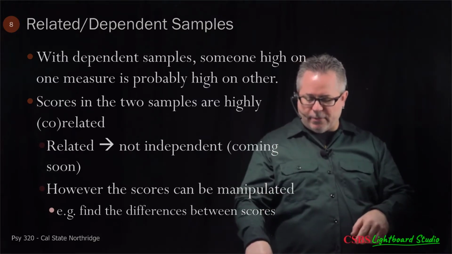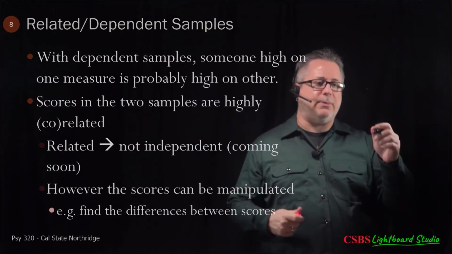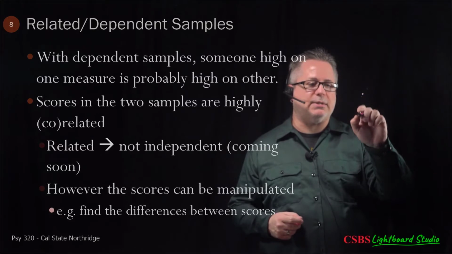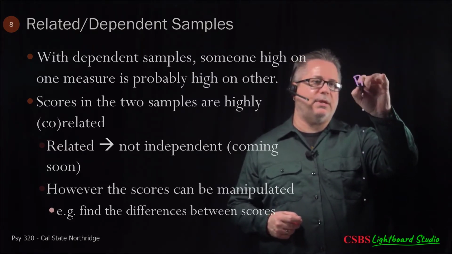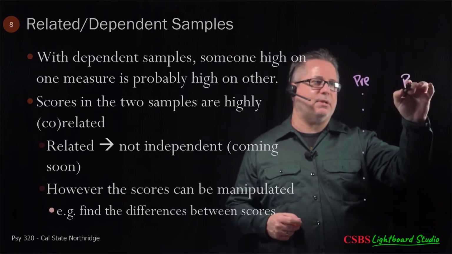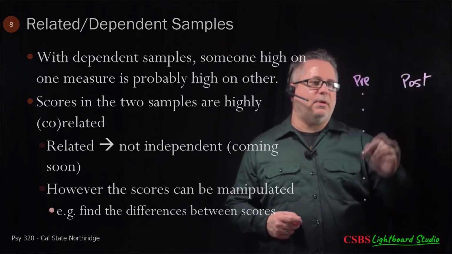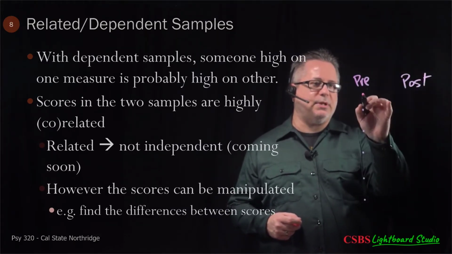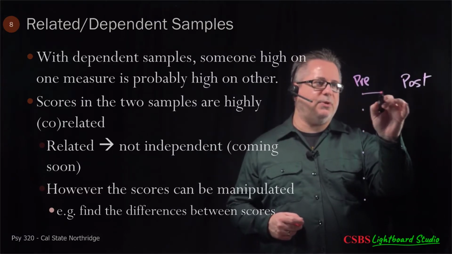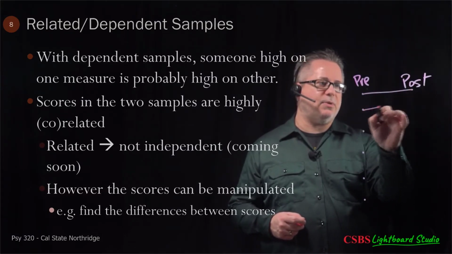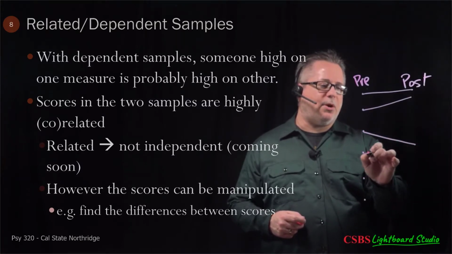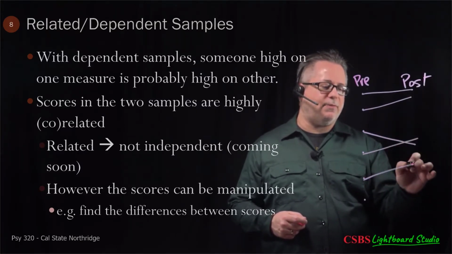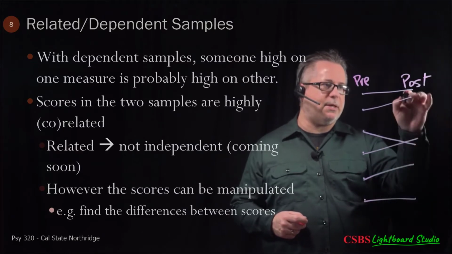So these are different people, with their pretest IQ and then their post-test IQ. If they do increase, that's great. This person might increase a little bit more, this person might decrease a little bit, but wherever they are, they're likely to stay in a roughly similar pattern at post-test.